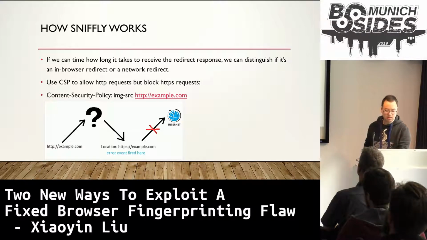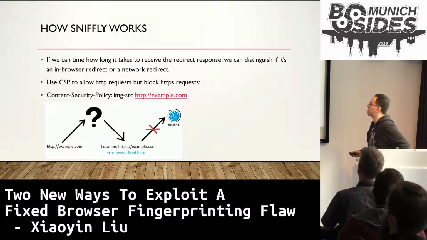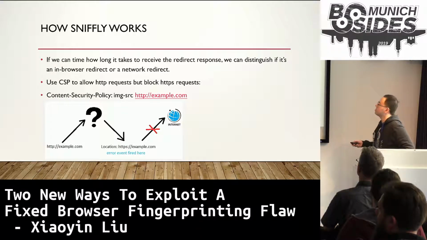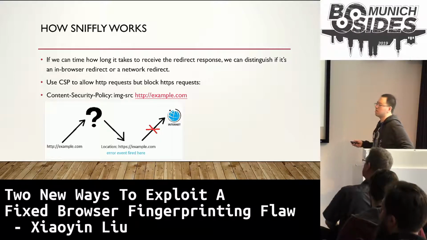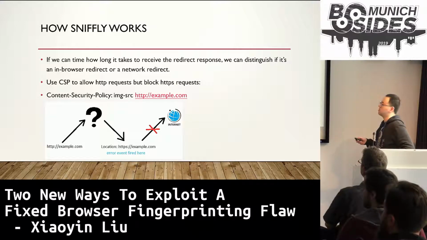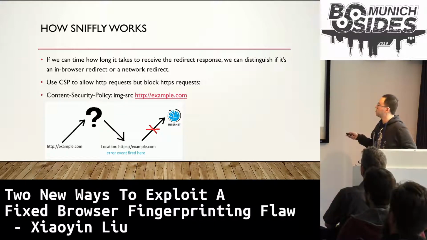So how does it work? We use the content security policy to block the HTTPS request. You can see here's a header, img-src http://example.com. This means you can only load images from HTTP example.com, not HTTPS example.com. So essentially the HTTPS request will be blocked.